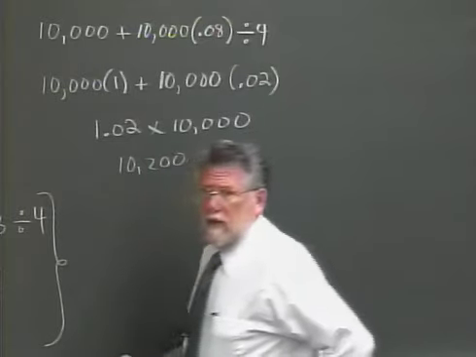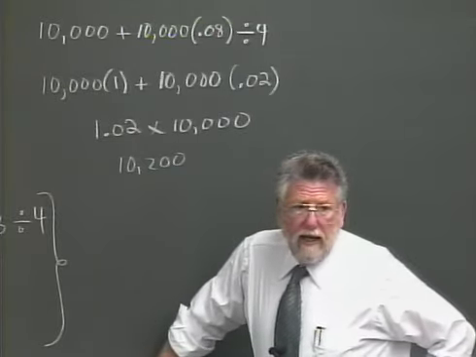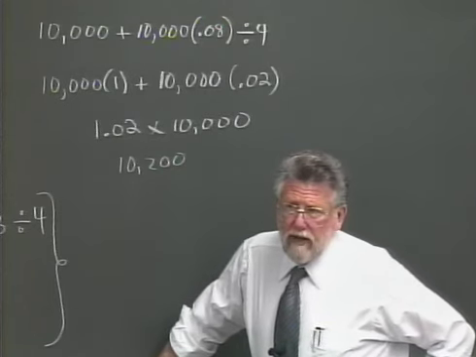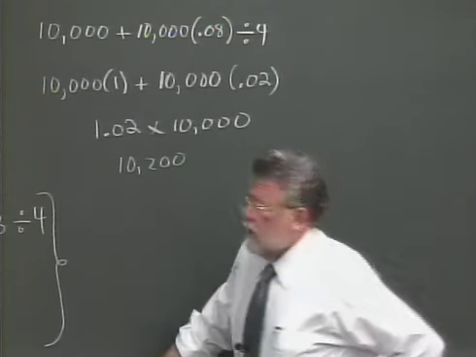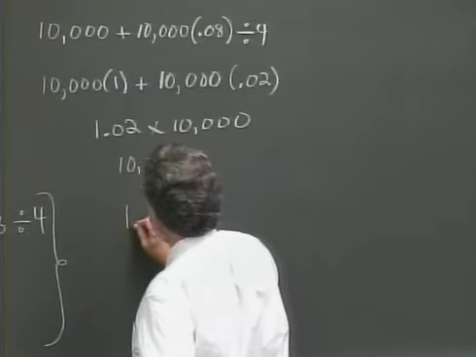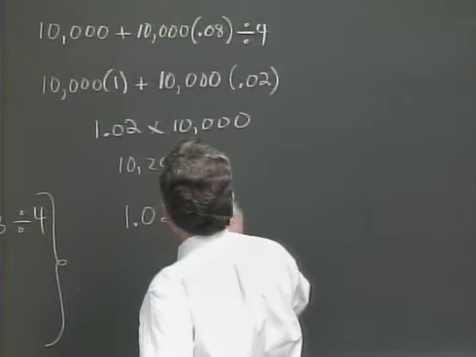So if I want to find the amount of money in the bank at the end of 1 year, here's what I do. I take this 1.02 to the 4th power times my 10,000.